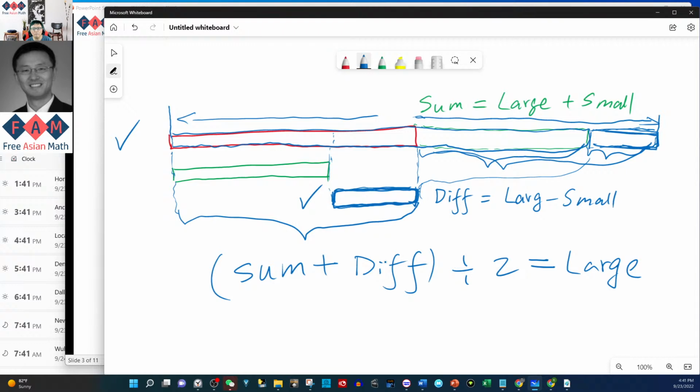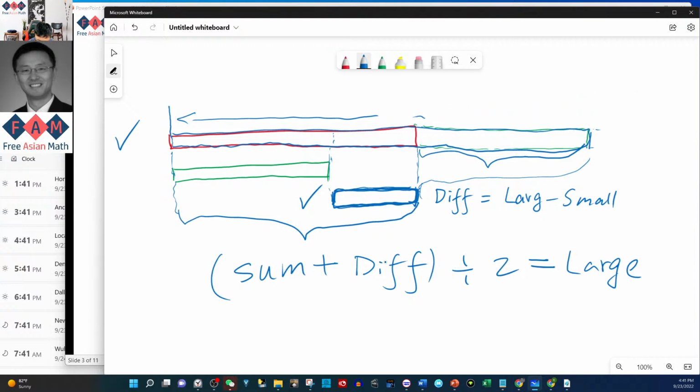Okay? On the other hand, if we go back to where we were, this is the original sum and this is the original difference.